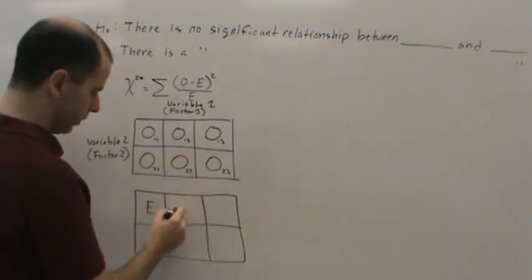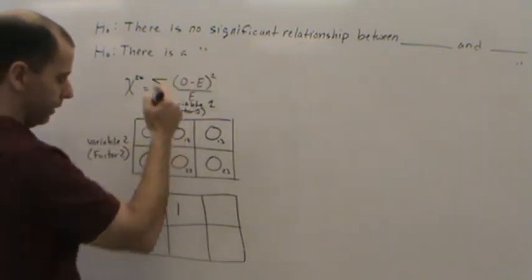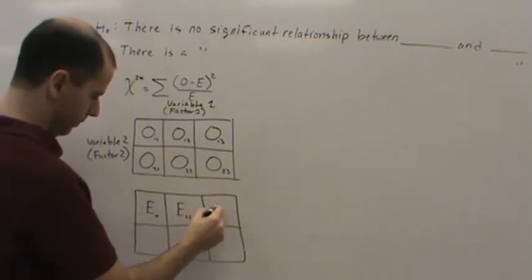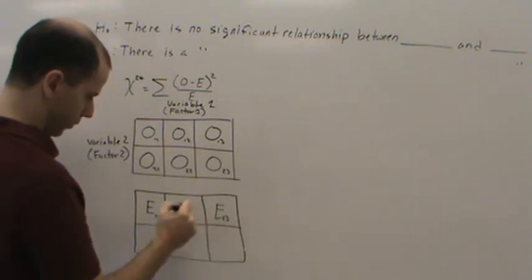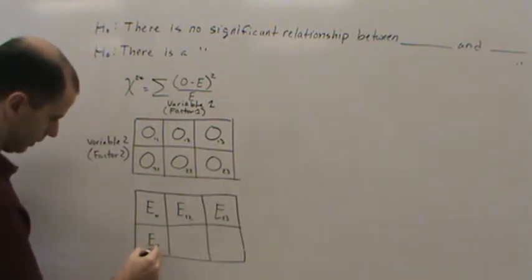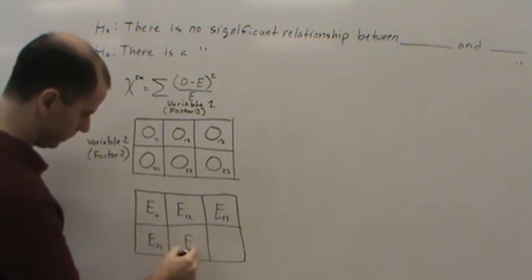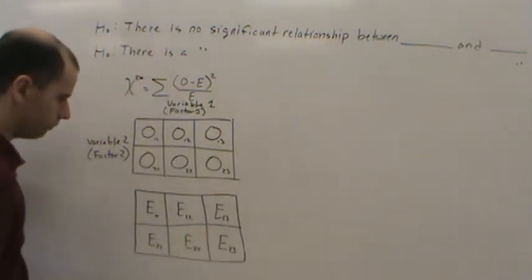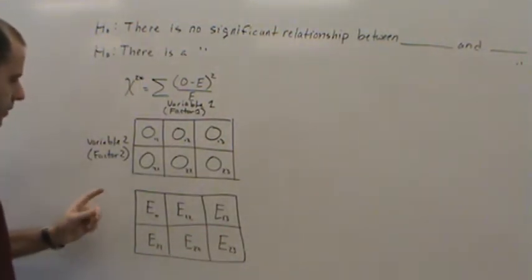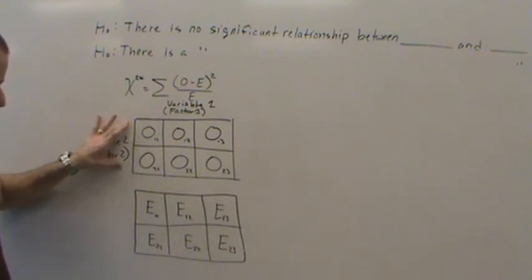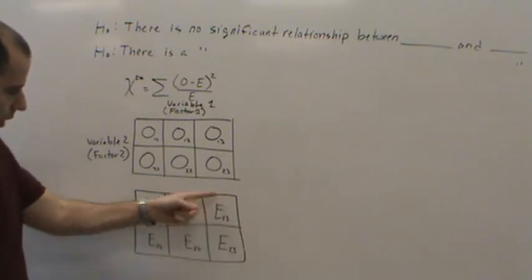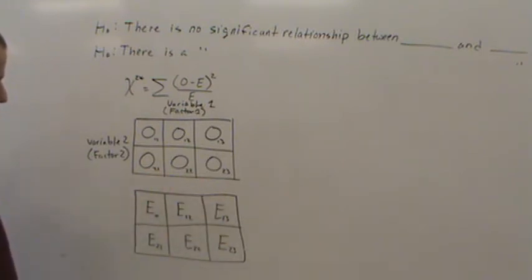And then based on the data and the claim, we're going to calculate the expected value that would go in here, and the expected value that would go in here, and of course, down here as well. And so what we're going to end up with is a matrix of observed values, and then another matrix with expected values.